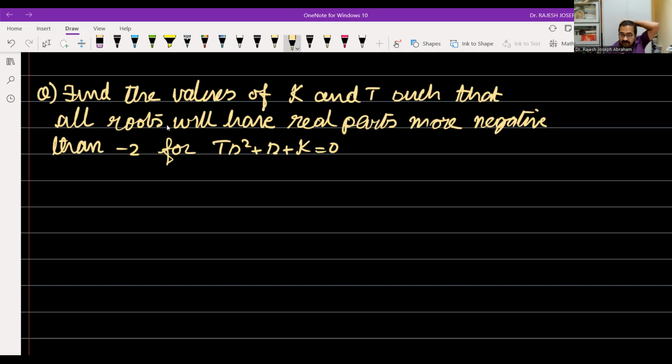Okay, find the values of k and t such that all the roots will have real parts more negative than minus 2 for t s square plus s plus k equal to 0.